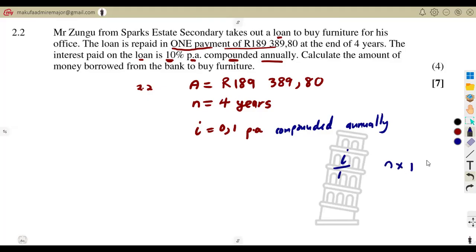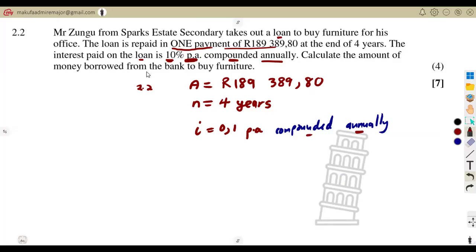The number of years we're supposed to multiply by 1, so there's no effect. It is only an effect when it is maybe compounded quarterly or monthly. Those ones, not compounded annually, guys, or yearly, because it is taken from that same per annum.